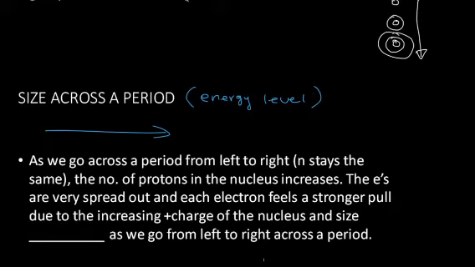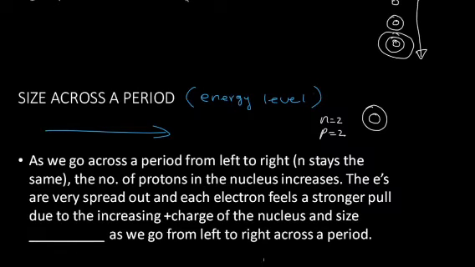If we are looking at the second energy level, the outermost electrons are all sitting on the second level. So this would be n equals 2, which means this is period 2.